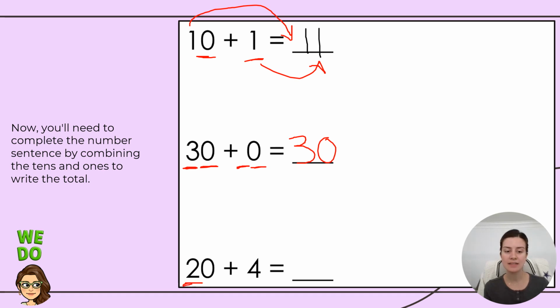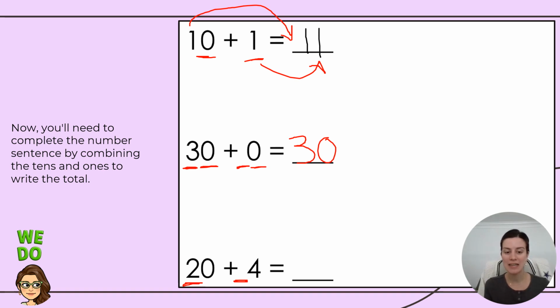So we have a 2 in the tens place in the number 20, plus 0 tens in the number 4, right? There's only one digit for the number 4, which means I only have 4 ones. I don't have a tens place.